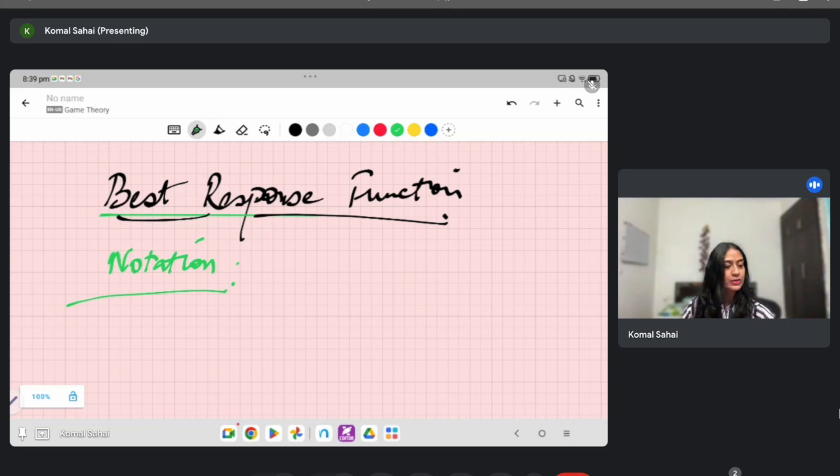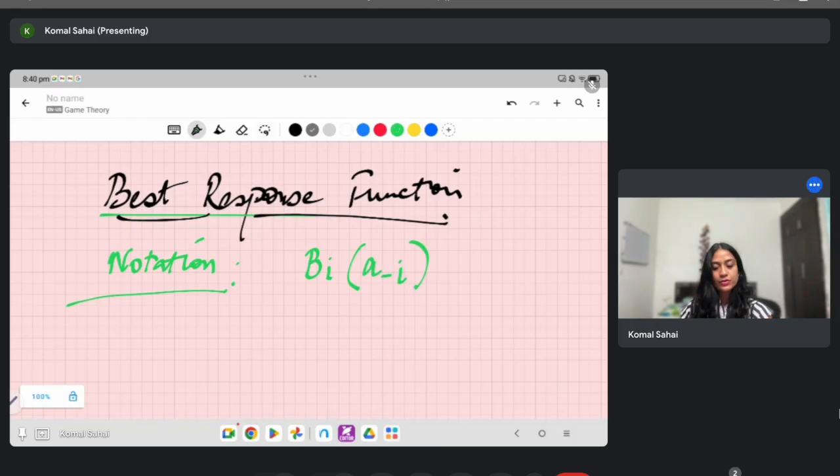So the notation that we'll go with, we'll denote it using best response function of player I, right? B is for best response function of player I for actions of players other than I, है ना. ये वाला notation हमने पिछले सेशन में किया था. So given, so the argument in this function, right?